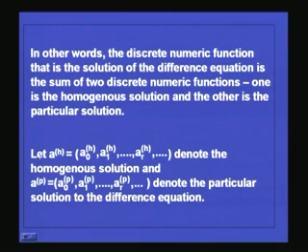The homogeneous solution is given like this. Let h denote homogeneous. It is a sequence a_0^h, a_1^h, a_r^h and so on. The particular solution is given by a^p, where p denotes the particular solution: a_0^p, a_1^p and so on. The total solution is the sum of these two.